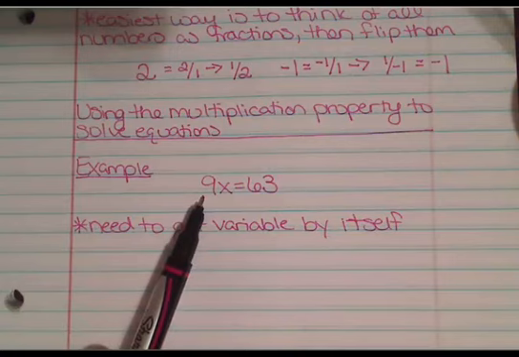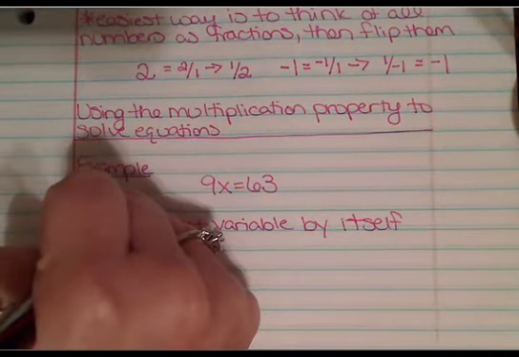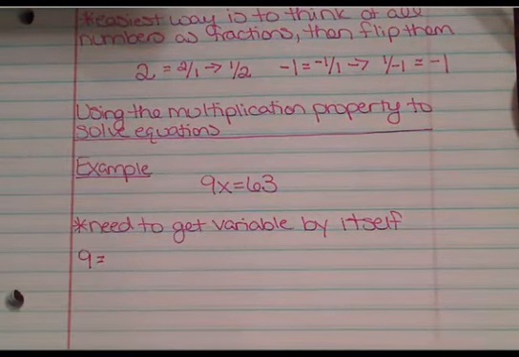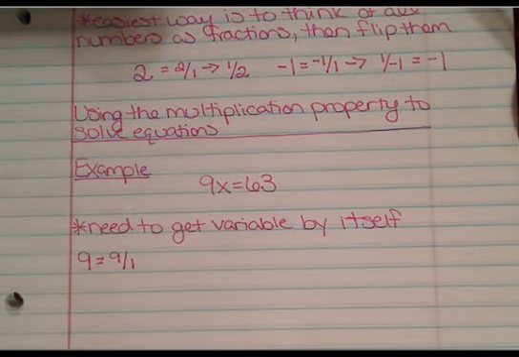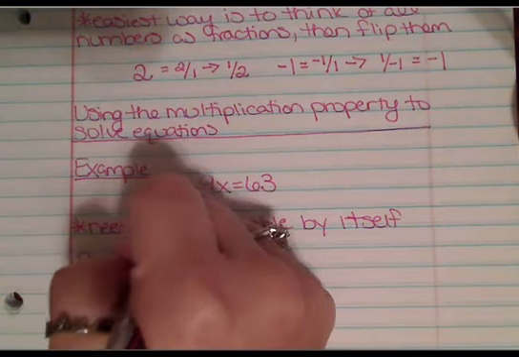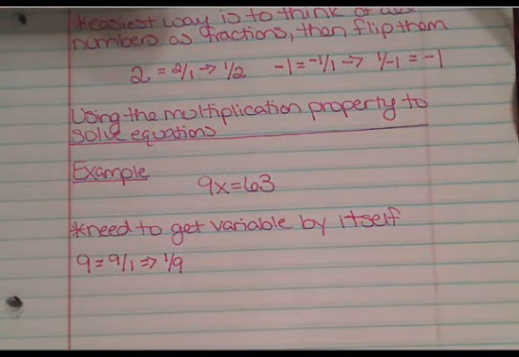Well, we need to multiply by the reciprocal. So on the side, let's figure out what the reciprocal of 9 is. 9 is a whole number, so let's write that as a fraction, which would be 9/1. So the reciprocal would be 1/9. So we need to multiply that 9 by 1/9 to get it to go away.